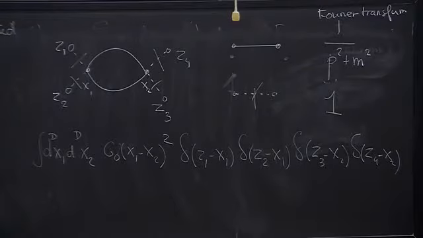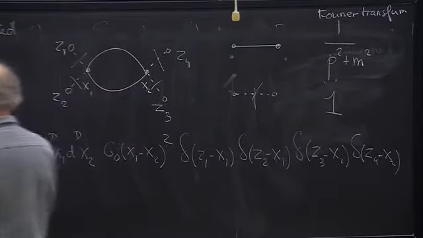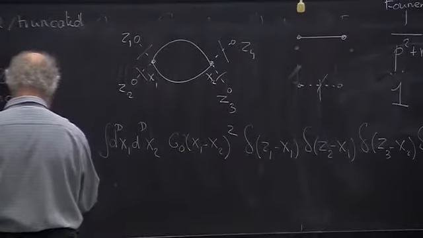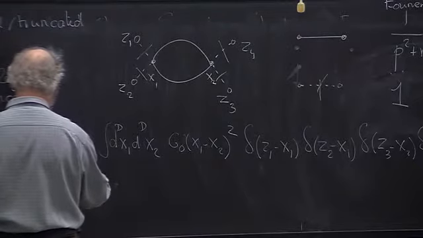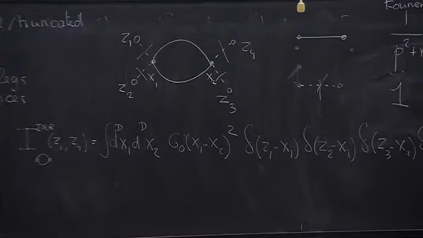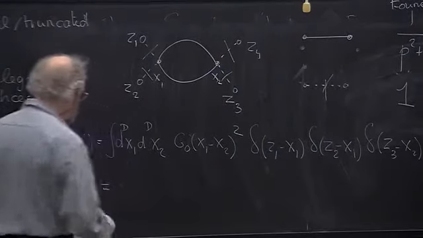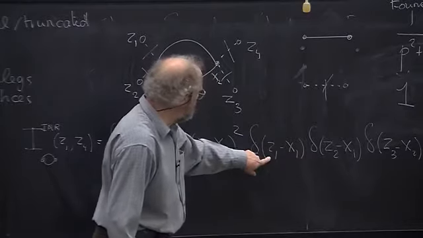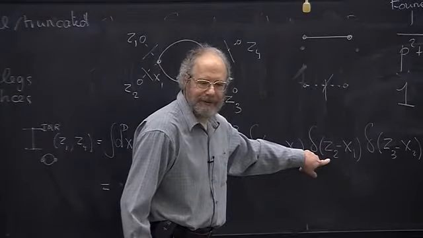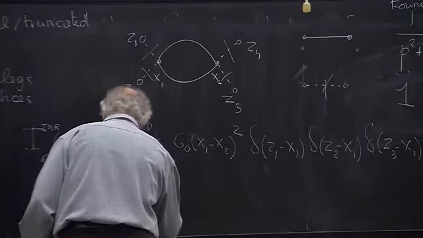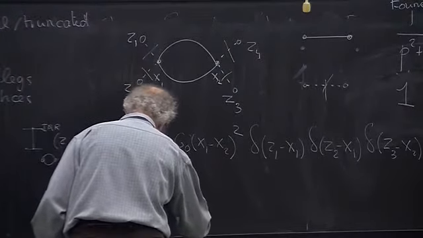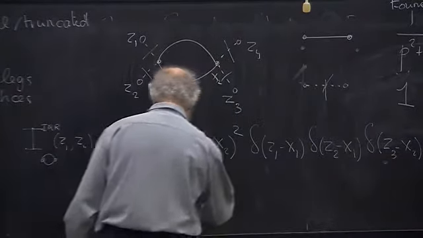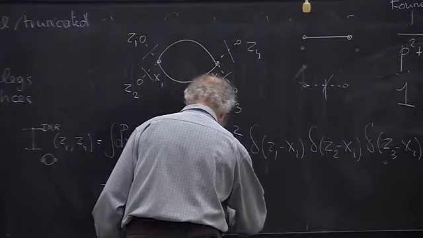So in this particular case, you can integrate. This is the amplitude of the irreducible diagram, a function of the 4 z's. If you integrate over x1, you get that x1 has to be equal to z1, but also has to be equal to z2. So what you get is just a delta function of z1 minus z2. Similarly, integrating over x2, you get a delta function of z3 minus z4.